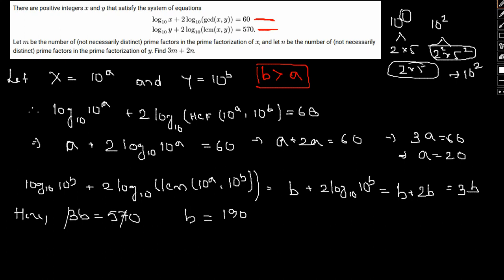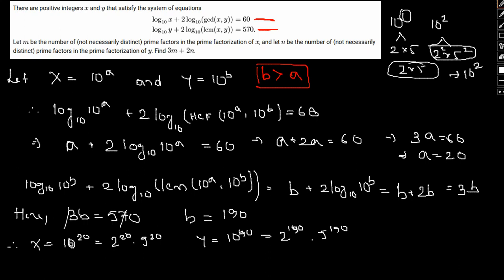So therefore x would be 10 to the power 20, which can be written as 2 to the power 20 into 5 to the power 20, and y being 10 to the power 190, which can be further written as 2 to the power 190 into 5 to the power 190.